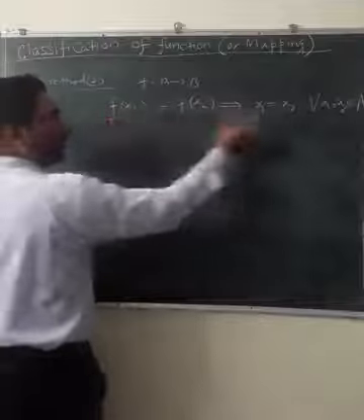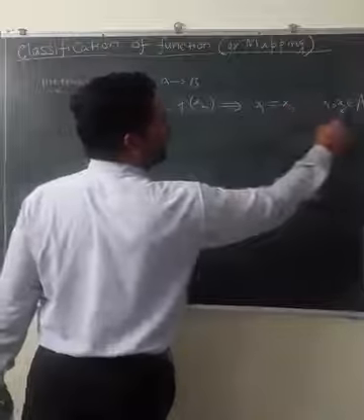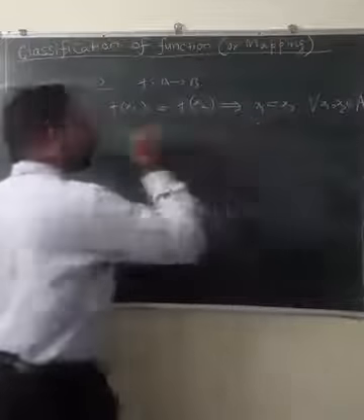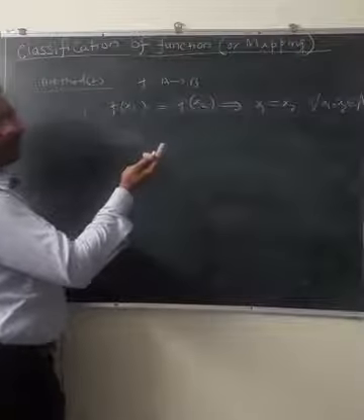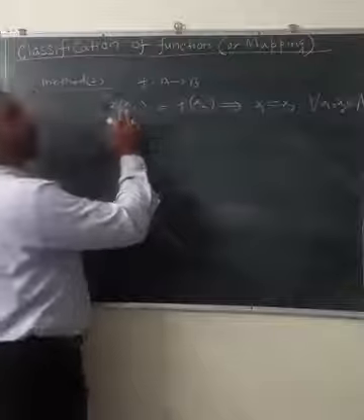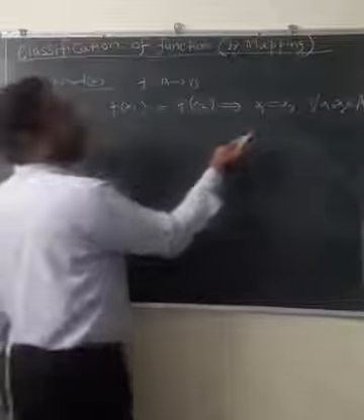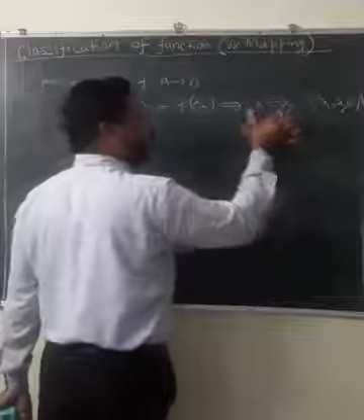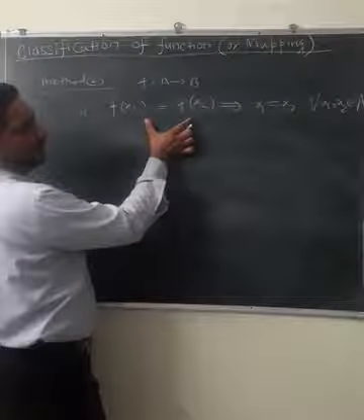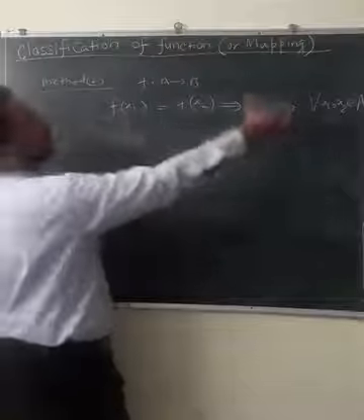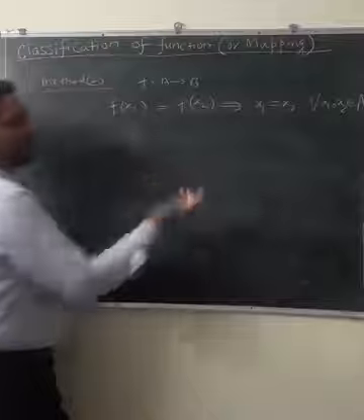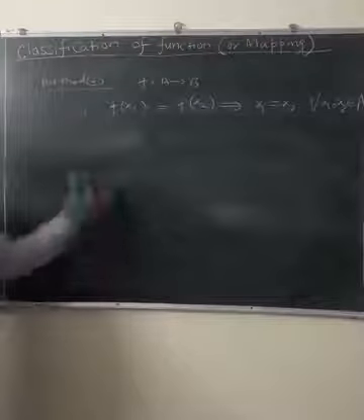What is it saying? That if the image at x1 is equal to the image at x2, it is only possible when the elements are equal. That means for different elements you cannot have the same image. That means this function is 1, 1.